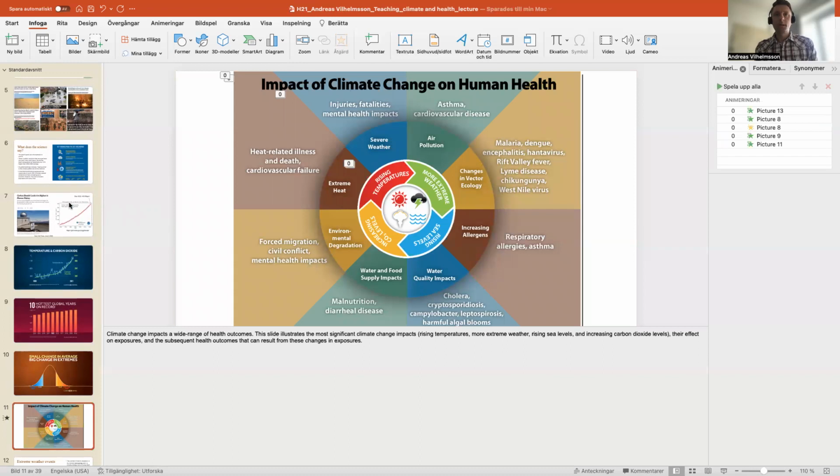And if we look at this figure here, it becomes very visible also that the impact of climate change has fundamental changes to human health in different aspects. And we can see how more extreme weather events and rising temperature also have certain effects on the climate, and also on certain already existing medical conditions that we have. This will affect all our health, and this will also affect healthcare.